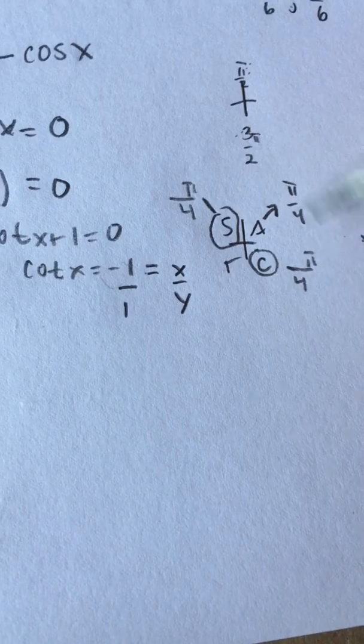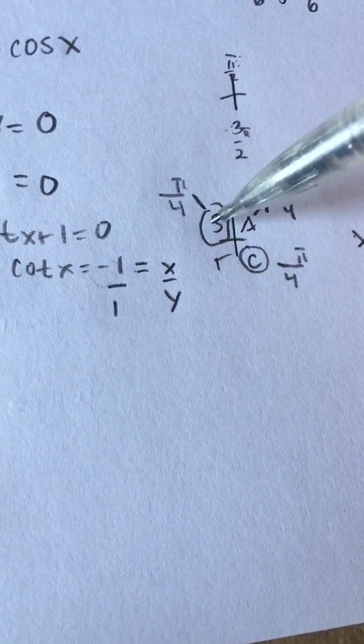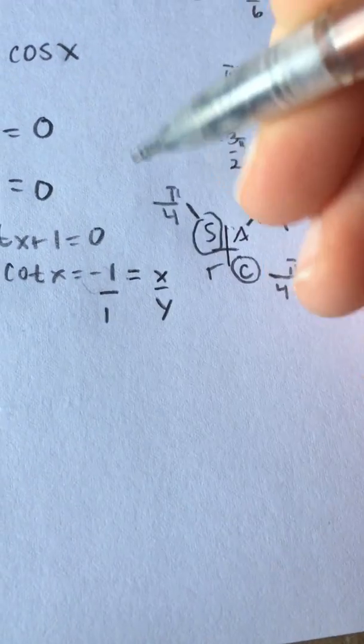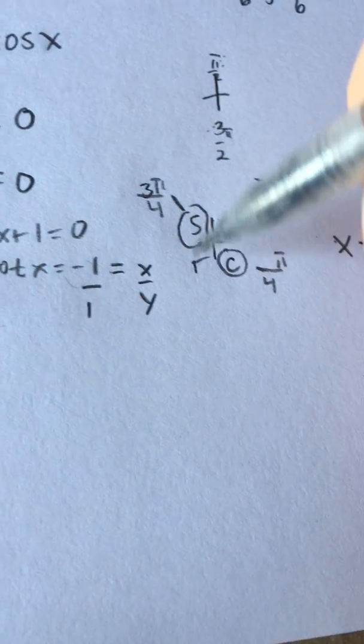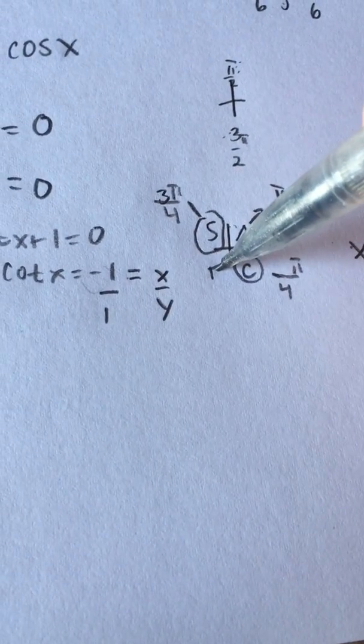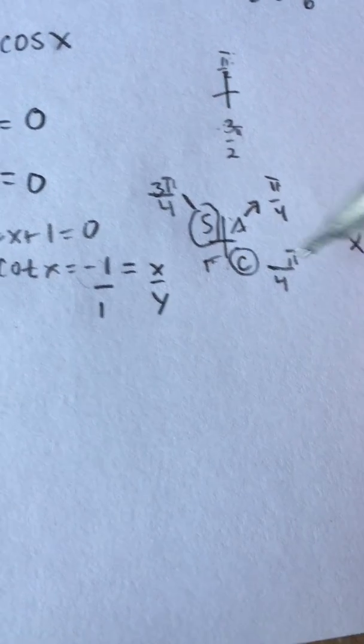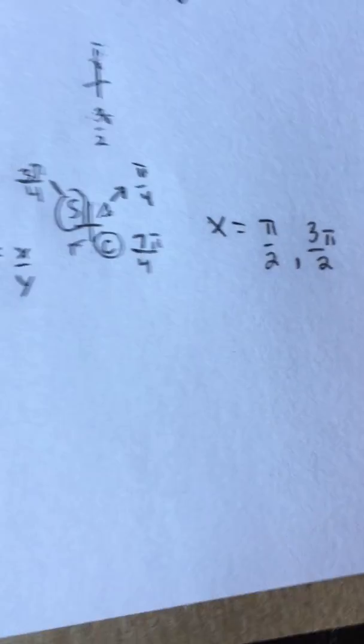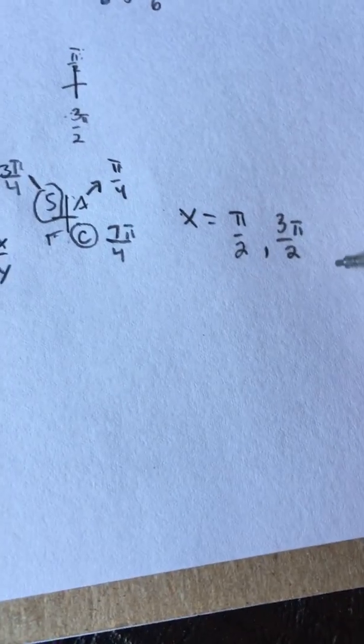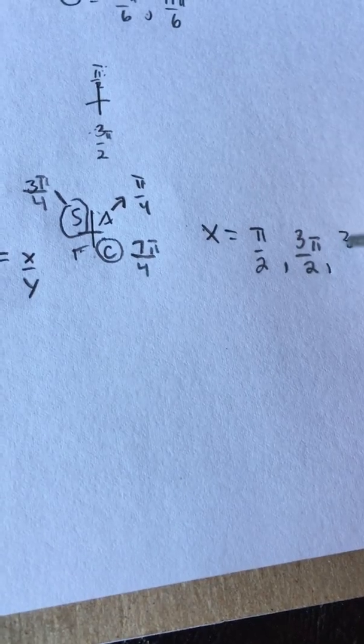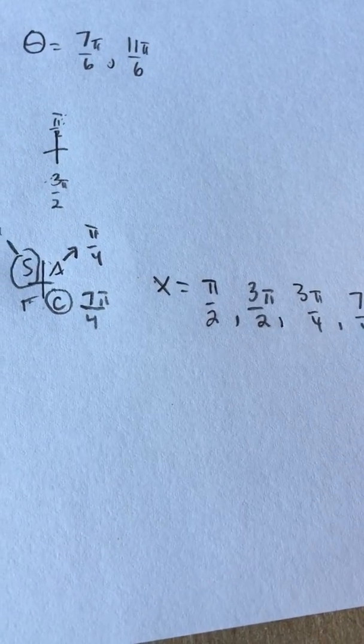So thinking about counting around: 1 pi over 4, 2 pi over 4, this is going to be 3 pi over 4. 4 pi over 4, skip 5, skip 6, and give 7 pi over 4. So I'm going to also include over here 3 pi over 4 and 7 pi over 4.